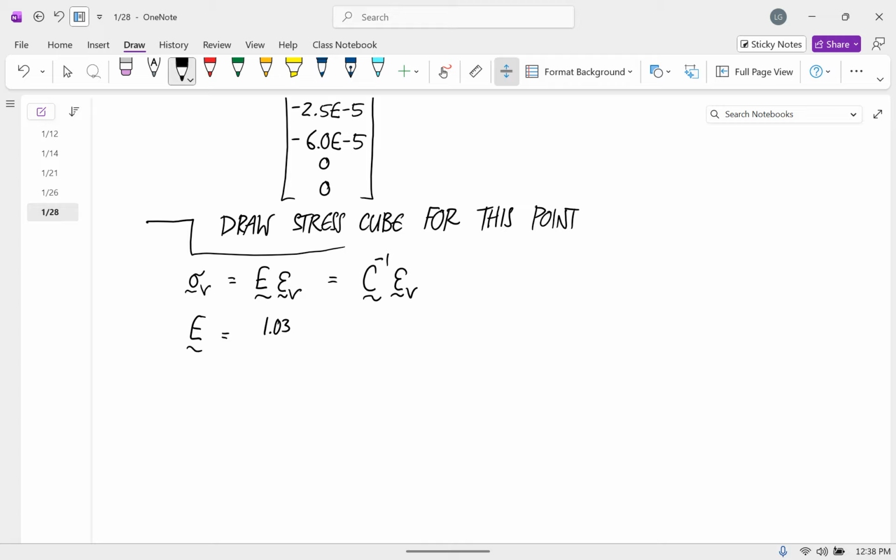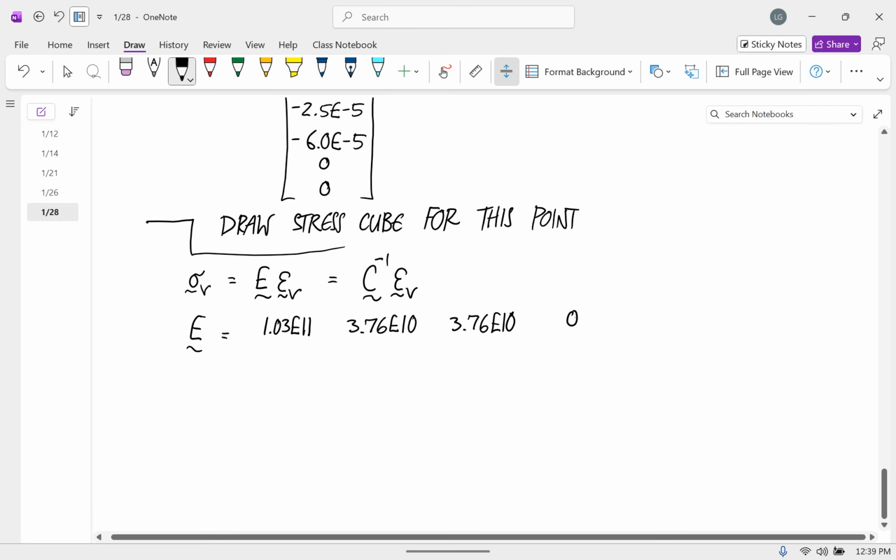1.03 times 10 to the 11th, 3.76 times 10 to the 10th, 3.76 times 10 to the 10th, and then 0, 0, 0.